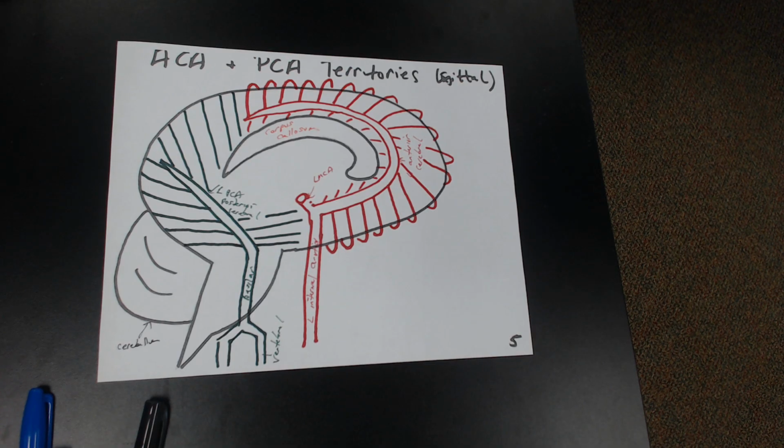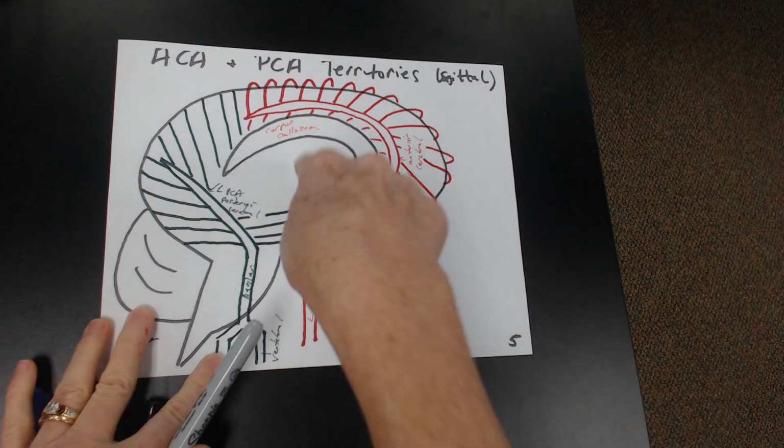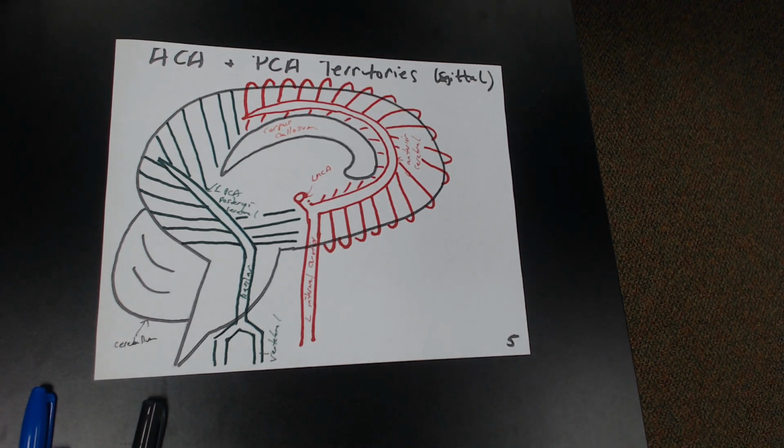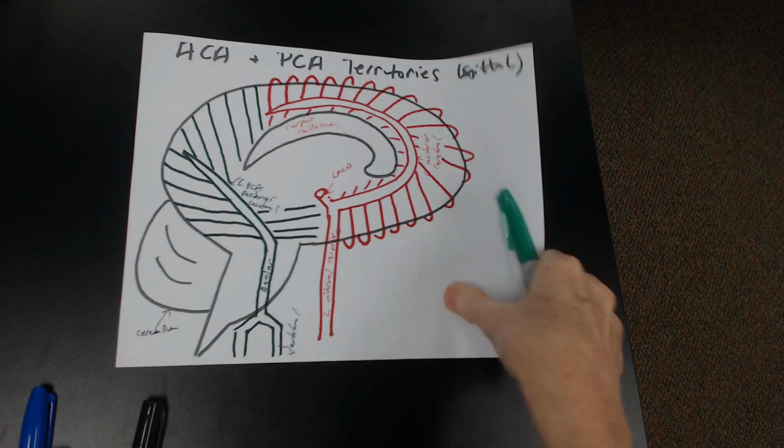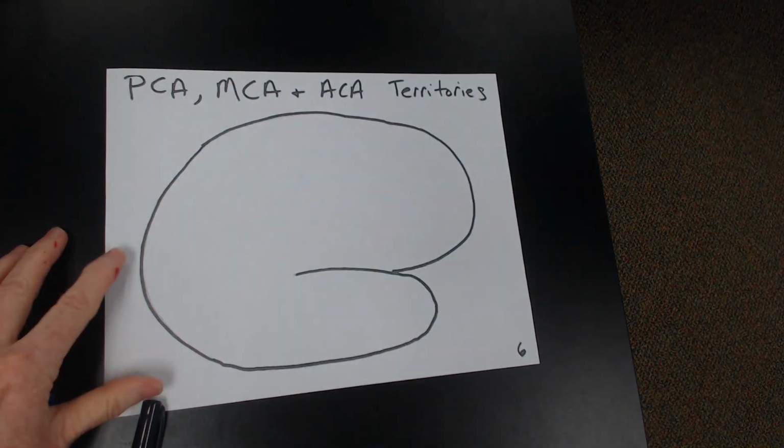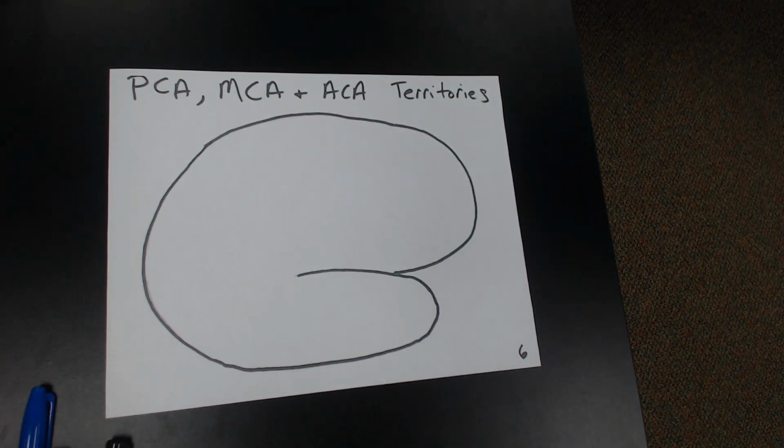ACA supplies most of the medial surface. And remember, this MCA is coming straight out the other side, and we're going to look at it here in a minute. Questions? All right, if we're good, now let's look at the lateral, or the outside surface of the brain. This last slide here is PCA, MCA, and ACA territory. So you're going to see all three.